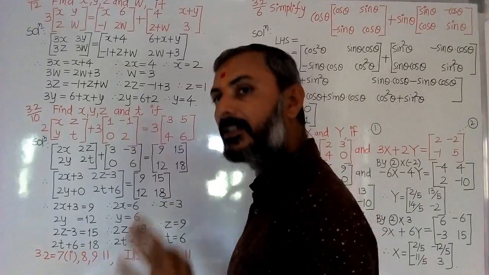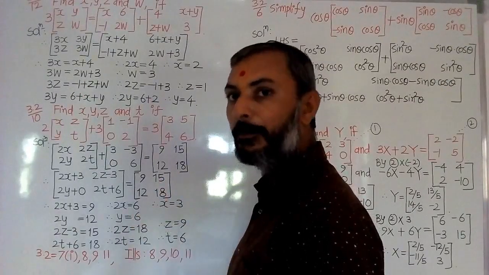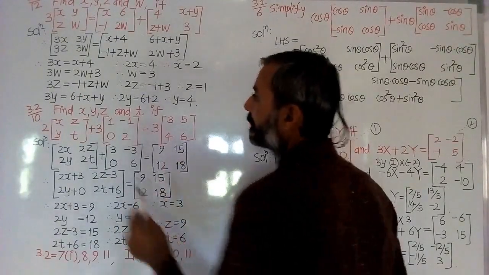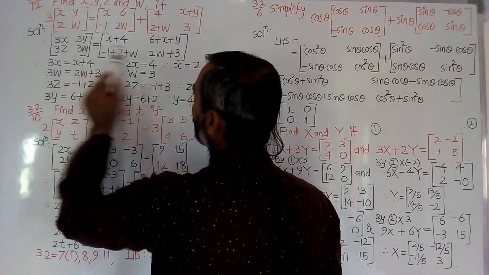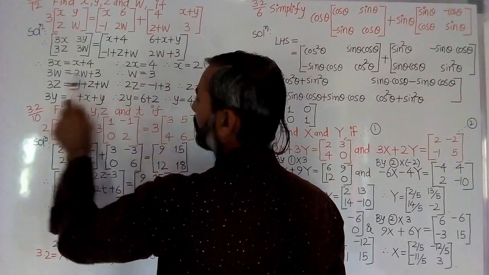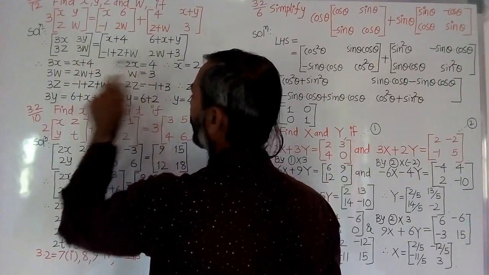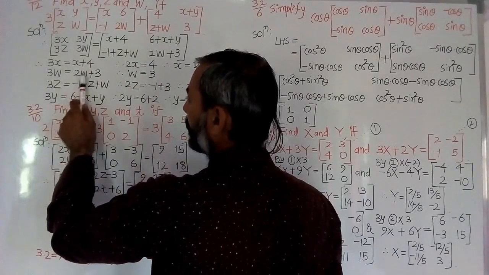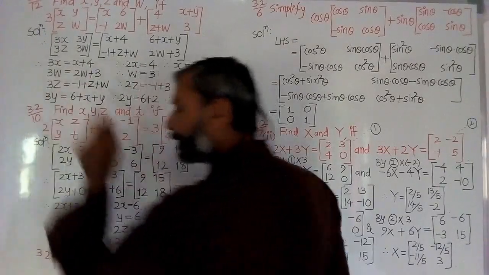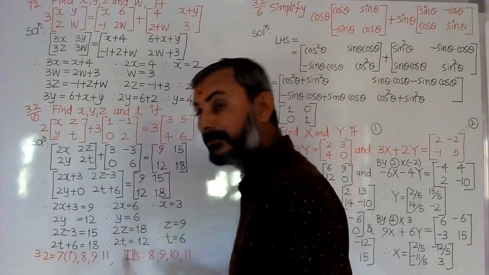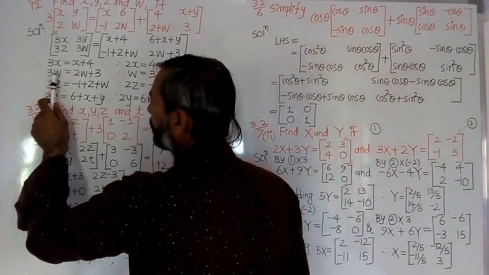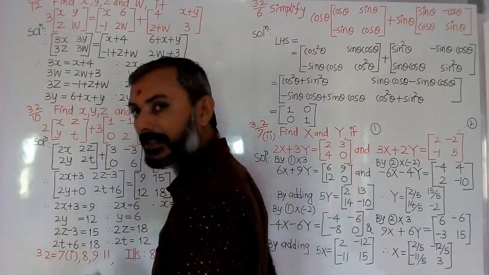Very simple. Just compare the corresponding elements. Then 3w equals 2w plus 3. Taking 2w to the left side, it will be subtracted. So what remains? w equals 3.